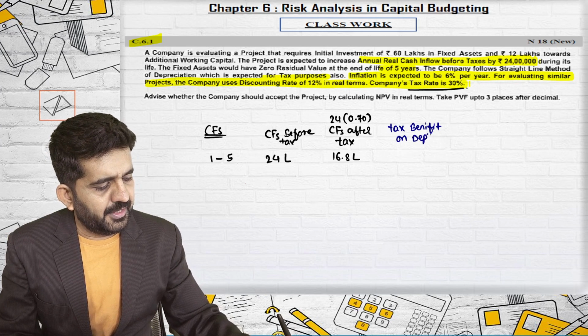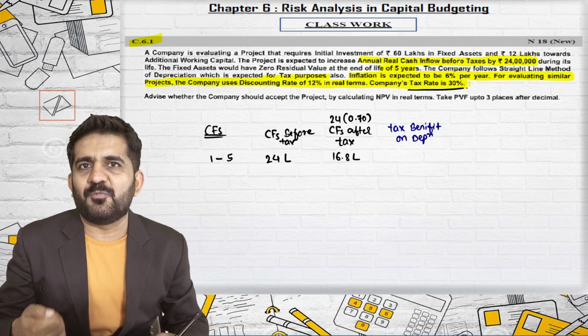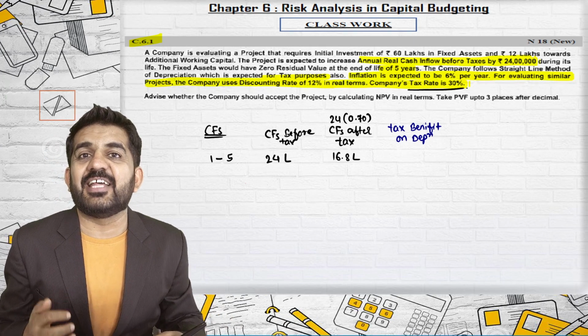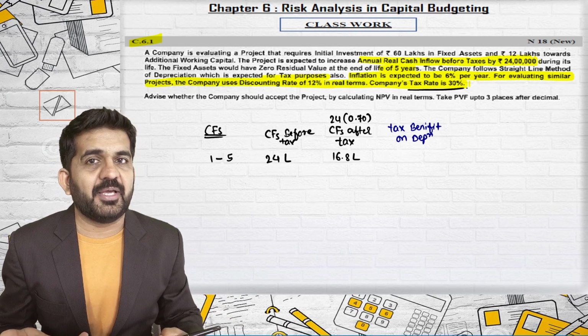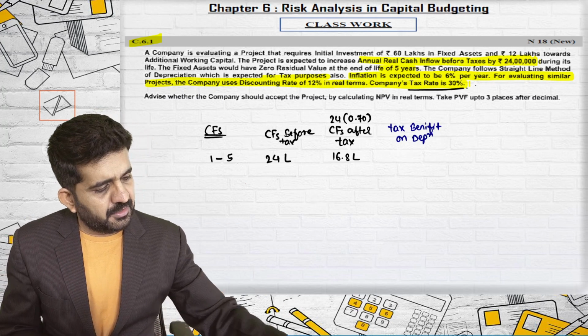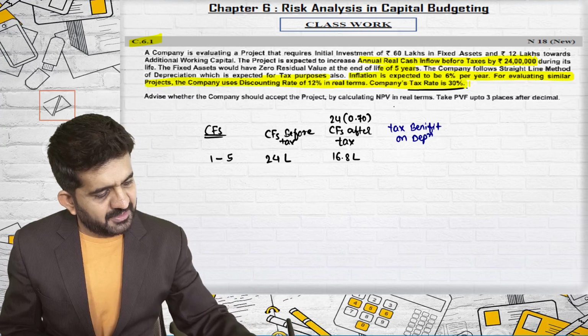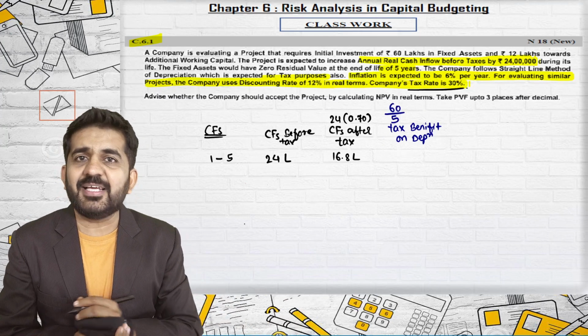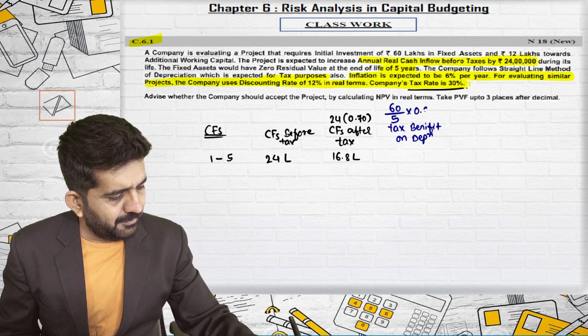Now I will be considering tax benefit on depreciation. There are 2 methods to find out cash flow. First, ignore the depreciation and just add tax benefit on depreciation. We have learned it in capital budgeting. Depreciation will be 60 lakhs divided by 5, that will be 12 lakhs, multiplied by t for the tax benefit.